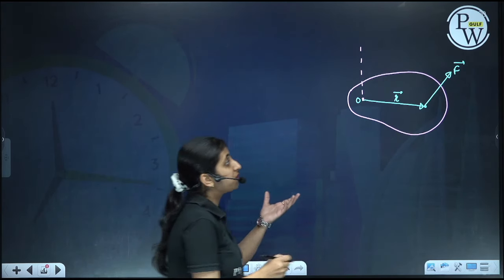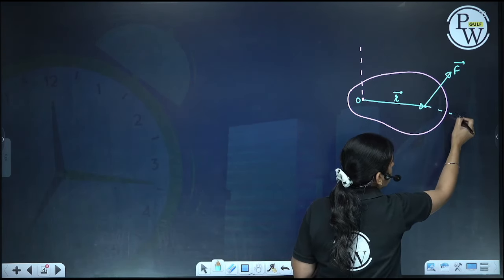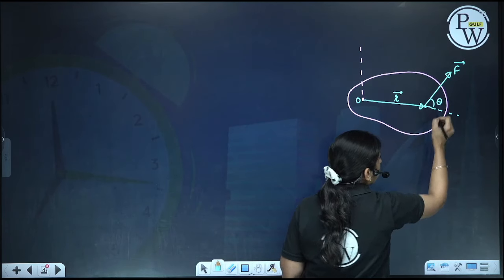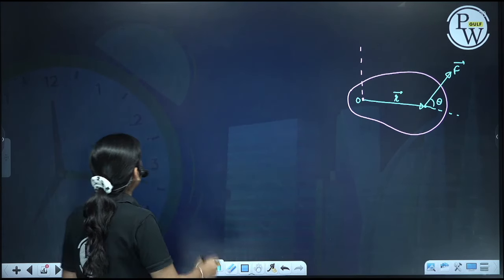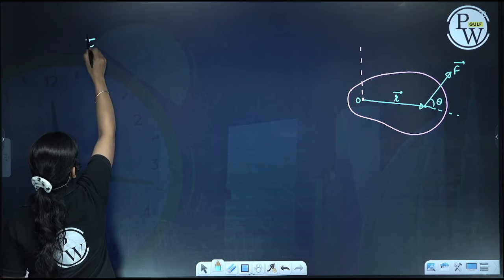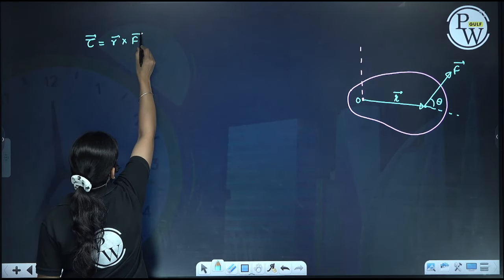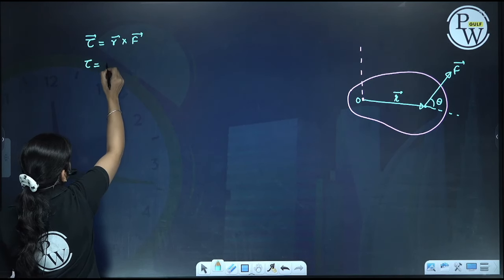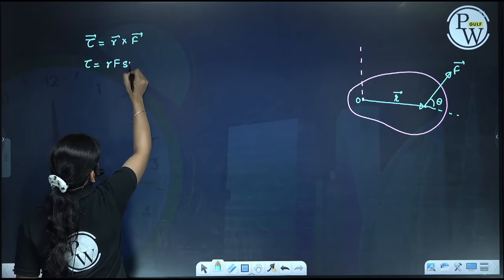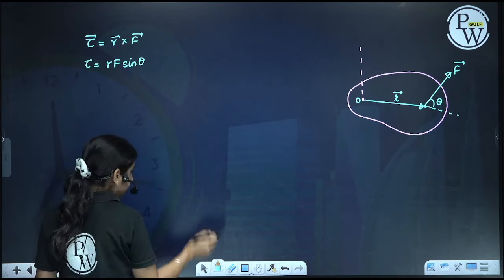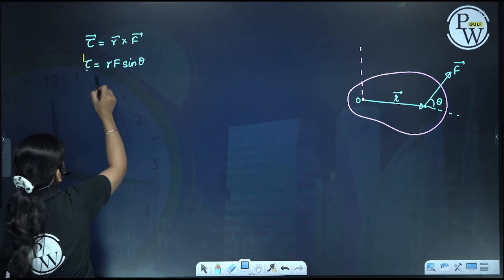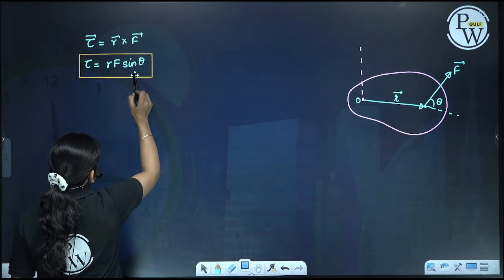Now there must be some angle between the two. Angle between them is theta. So we define torque as R cross F. So torque magnitude is equal to R into F into sine theta.